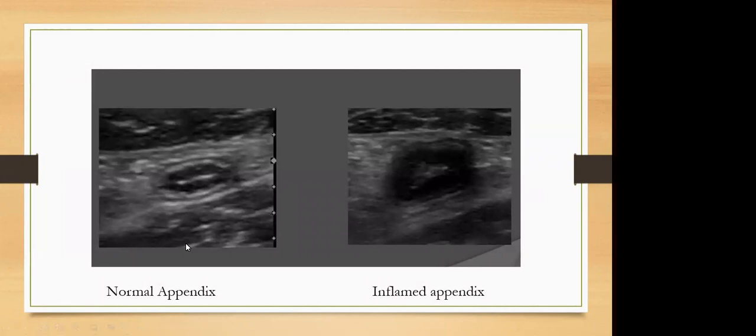This side is a normal appendix. You see the way it's appearing here, and you see the inflamed appendix, how messy it is. The wall is so thickened.